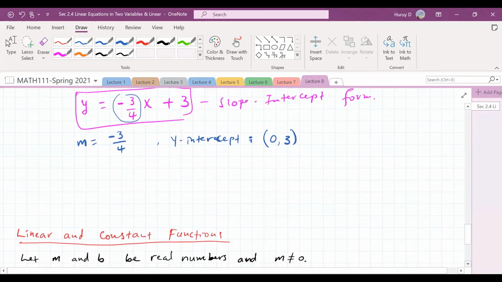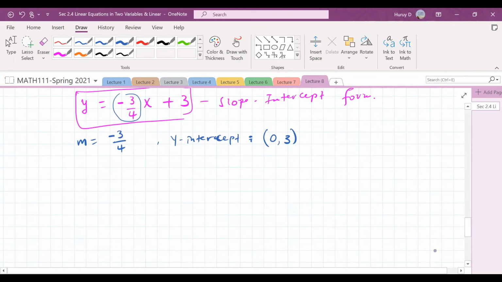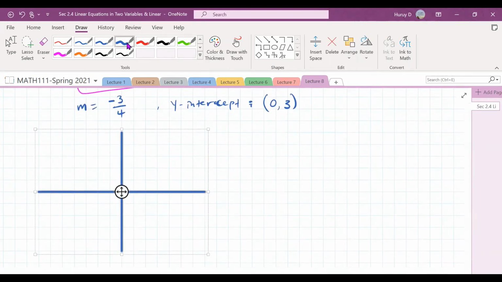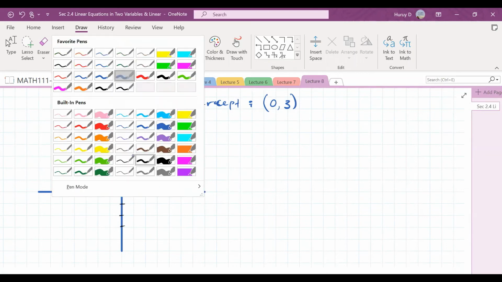Now the next question is, how do we graph this equation? First, let me put this on the Cartesian plane.